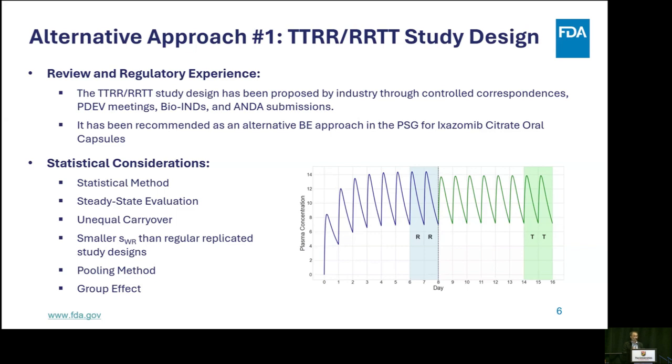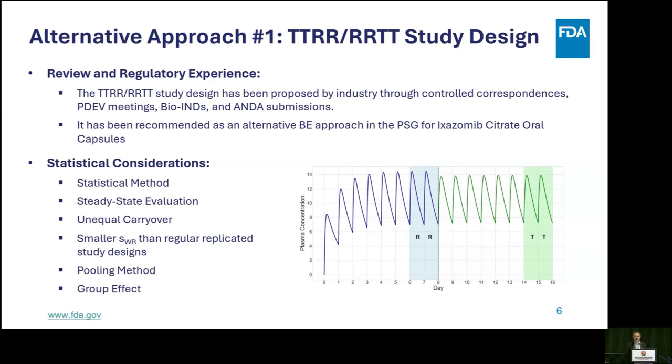During our bioequivalence review, we closely collaborated with the Office of Research and Standards and the Office of Biostatistics. Here, I listed a few data analysis considerations for you to consider when you design your study and conduct data analysis.